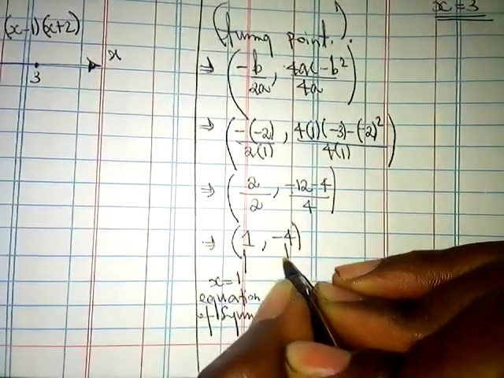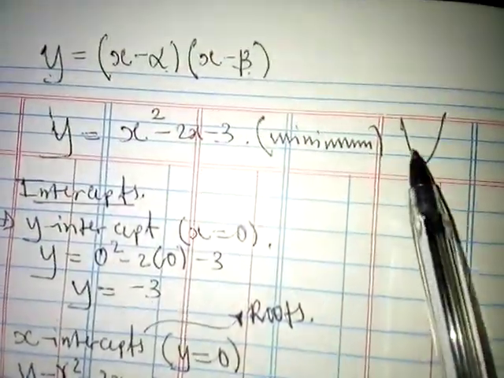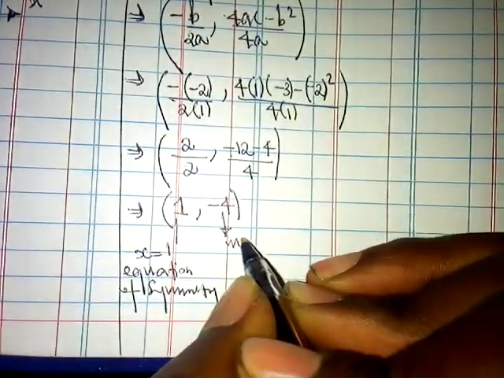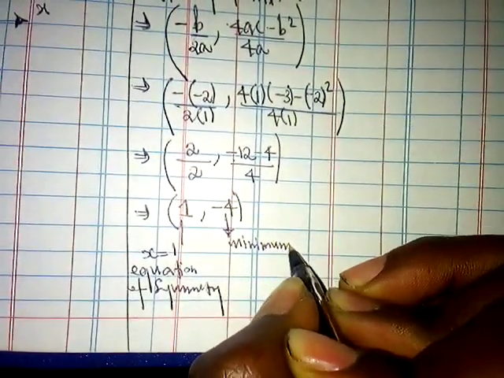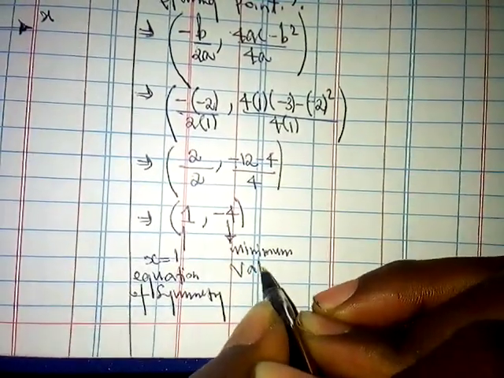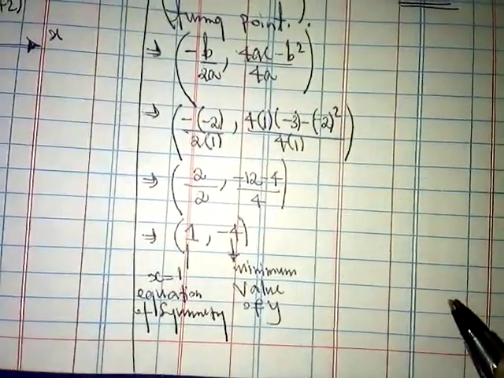Because the graph has a minimum nature, your negative 4 is going to be your minimum value of y. Okay, let's now sketch it.